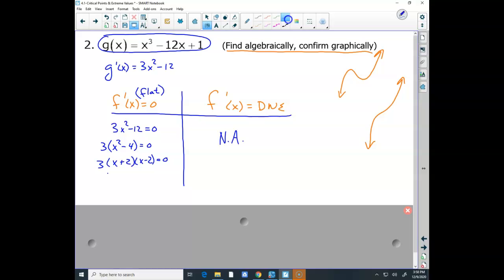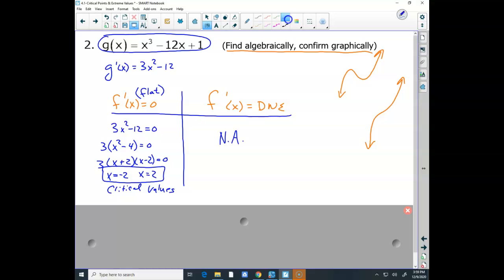So I have a critical value at x equals -2, and a critical value at 2. These problems are asking me to find the extreme values, and here are my critical points, critical values.